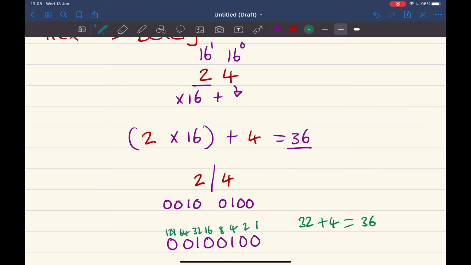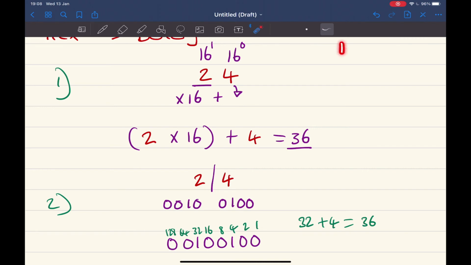So whichever way you want to do it, the first way is by using the 16 times tables. The second way is by converting to binary first and then adding the binary values up. It's whichever way works best for you as an individual.